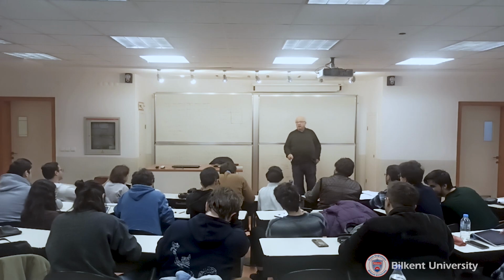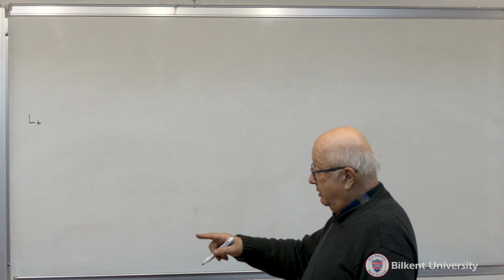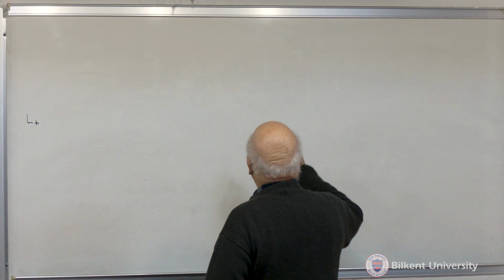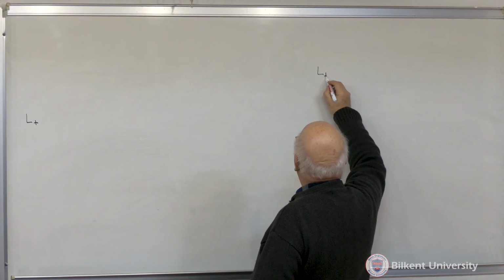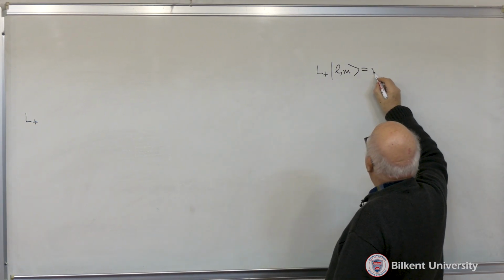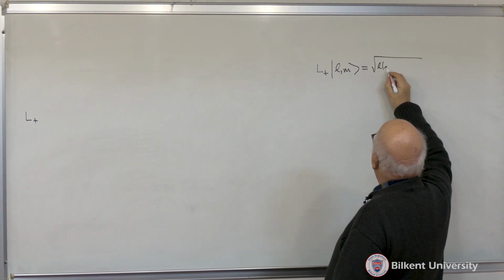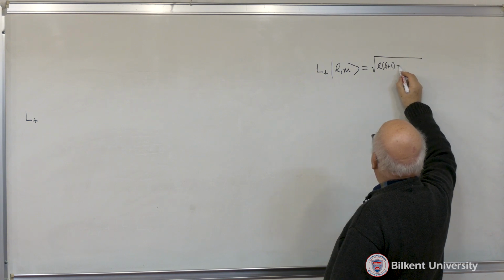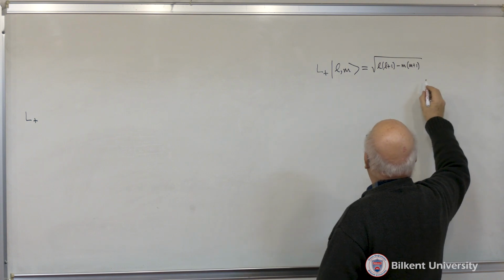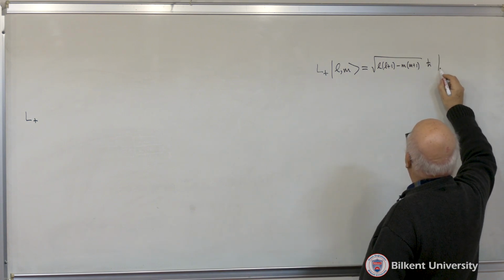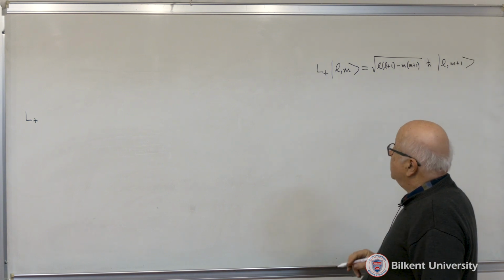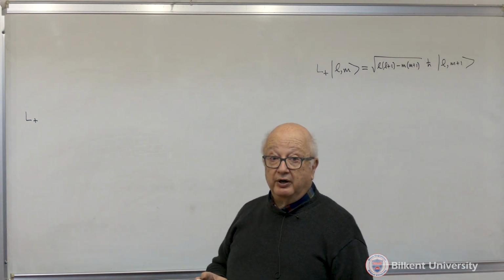Let me remind you that L plus operating on L, M gives you the square root of L, L plus 1 minus M, M plus 1, times h bar, L, M plus 1. That's something we derived earlier.